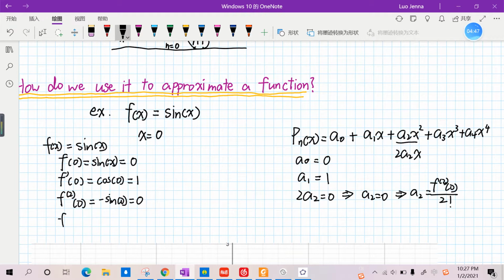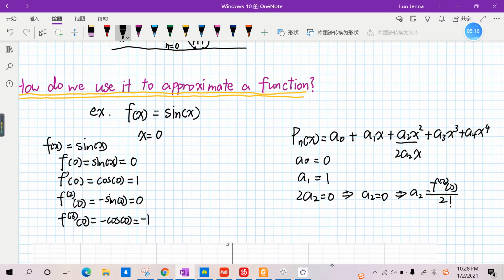Then how about the third derivative? So the third derivative of sine x is minus cosine x, and it is 0 here. So the value is -1. So this corresponds to a3x cubed.